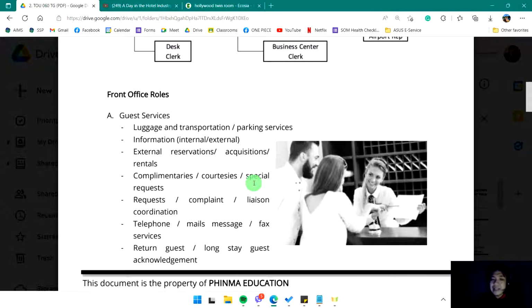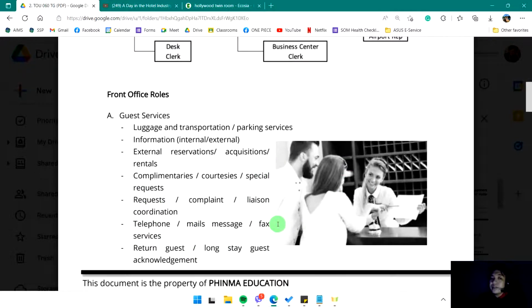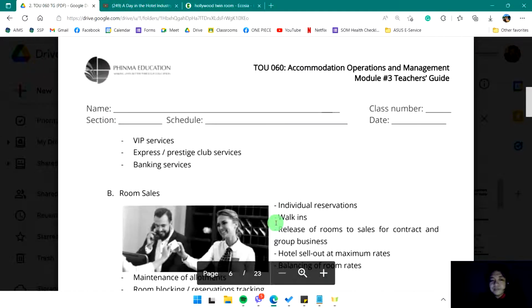Complaints, ganyan, liaison, coordination, telephone, mails, messages, and everything else. When it comes to guests, isa yon sa roles ng front office natin. They are really the ones responsible for taking down or for doing guest services that are related, of course, in the accommodations area of the hotel.